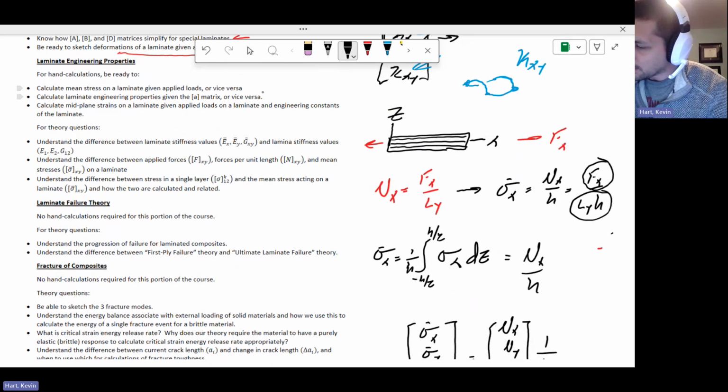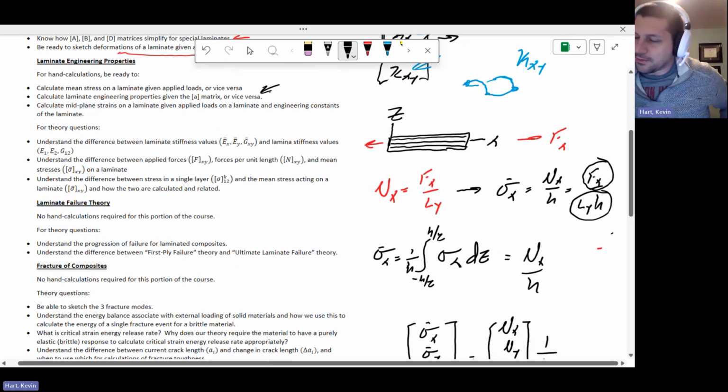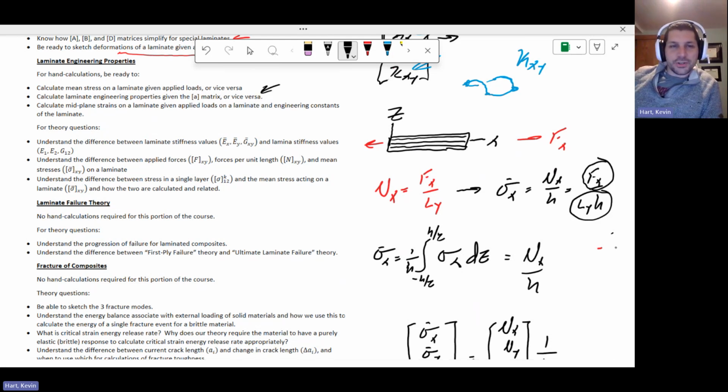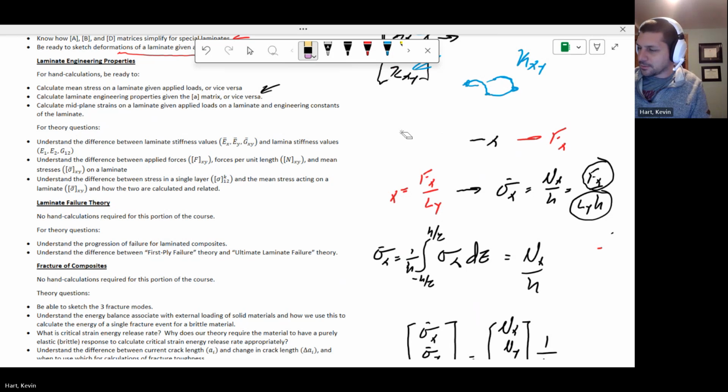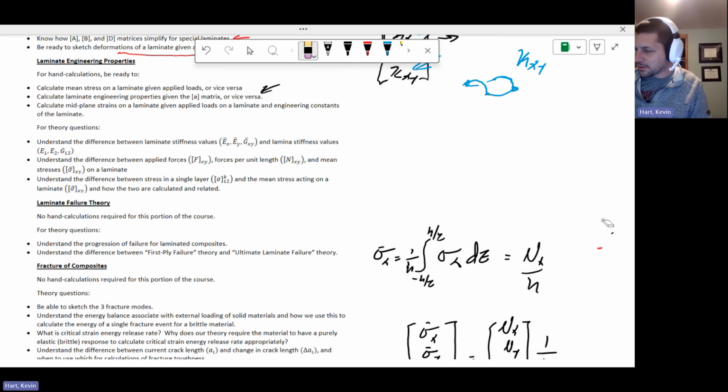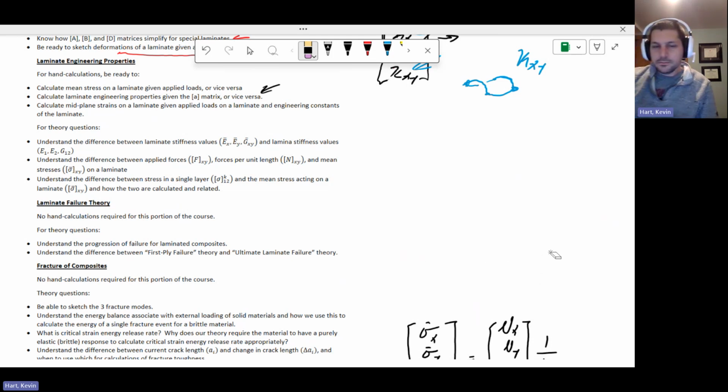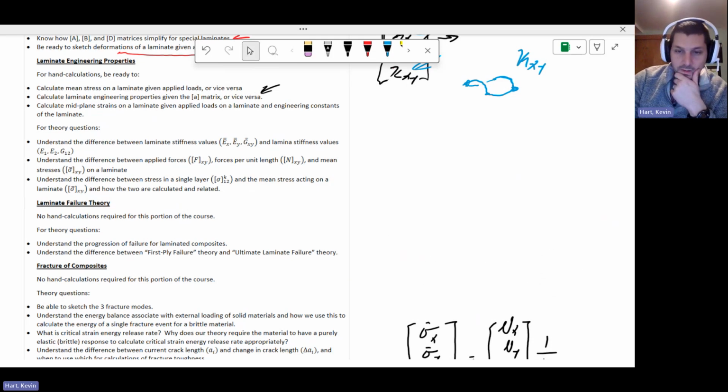All right, calculate the laminate engineering properties given the little a matrix. The trick here is not forgetting the 1 on h. So that's the tricky bit with that particular portion. Again, this is going to be on the equation sheet, so you'll have that to help you on your way. But let's take a look at that.